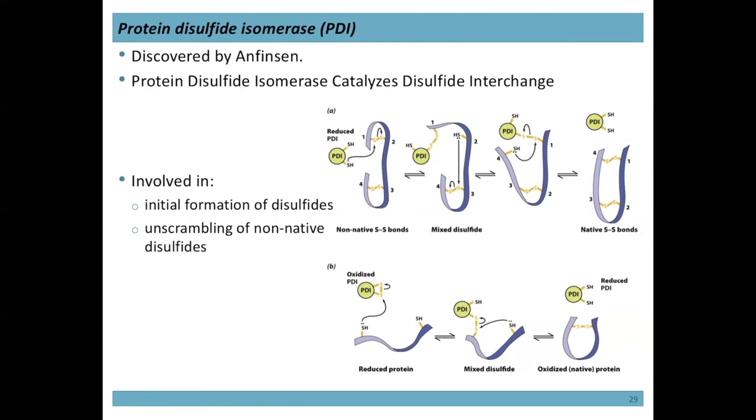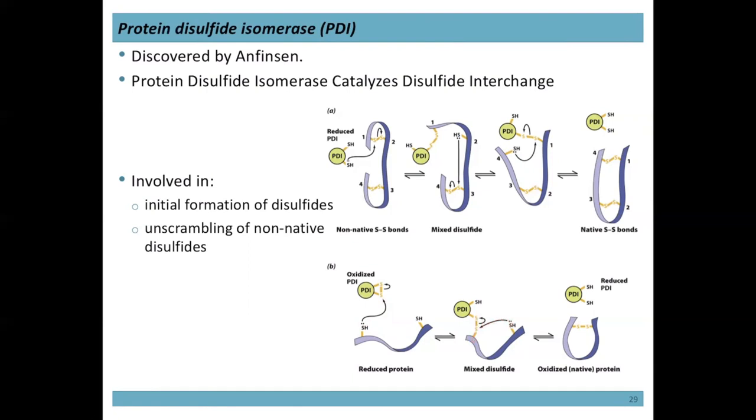And the PDI actually also helps form the disulfides at the start. When the proteins come out, they have free thiols, but I need to actually get a disulfide. So the oxidized PDI has a disulfide. This attacks, and now you have a disulfide between the PDI and the protein. And then again, this thiol could come over here.